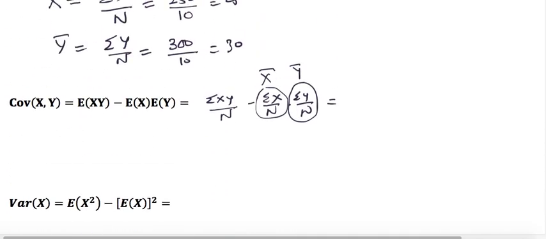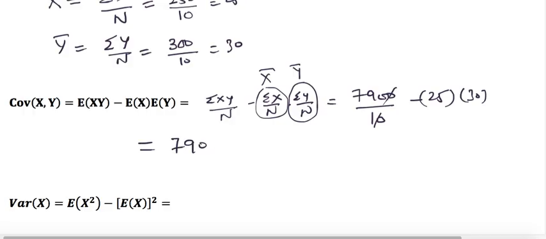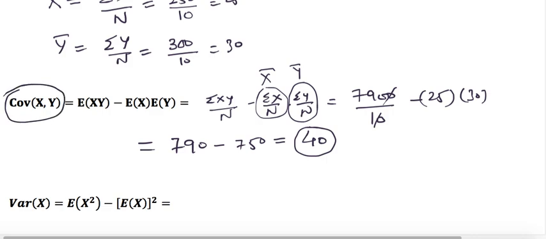So we put 7900 divided by 10, and here x bar is already calculated, which is 25, into y bar, which is 30. Now when we simplify, we get 790 minus 750, and the answer for the covariance is 40. So we got a covariance value of 40. So the numerator for both byx and bxy is calculated.